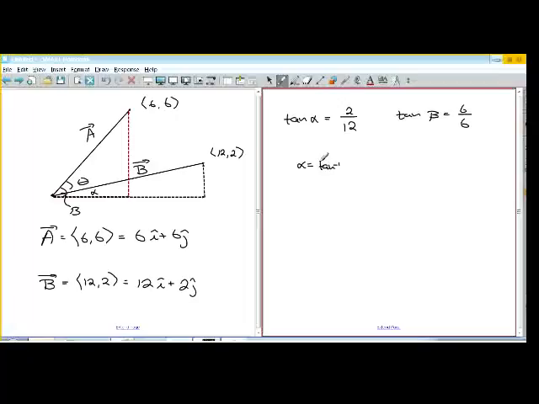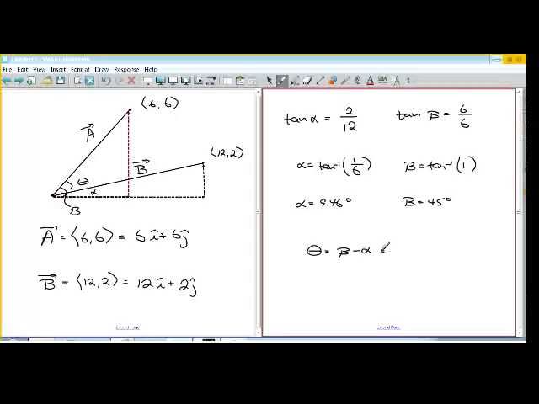So alpha is going to be the inverse tangent of, we could simplify that down to 1/6. So take inverse tangent of 1/6 and you get 9.46. So alpha equals 9.46 degrees. And here you take the inverse tangent of 6 divided by 6, which is 45 degrees. So theta would be equal to beta minus alpha.